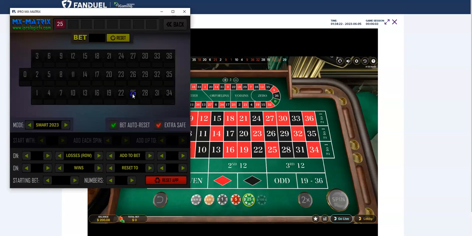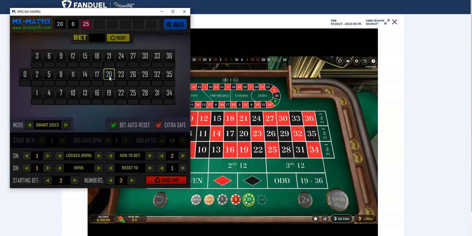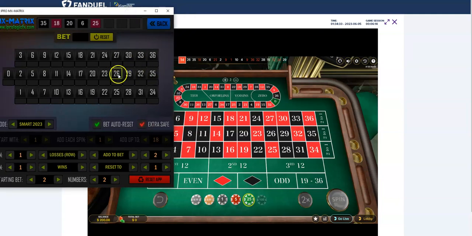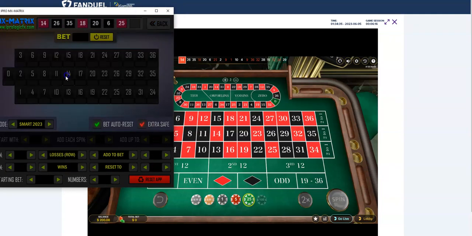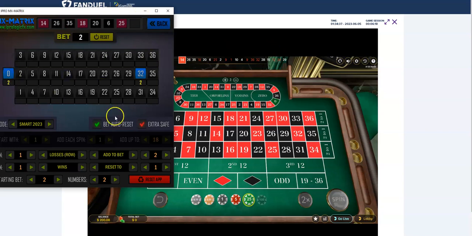Now, before I begin to play, I'm going to give you a quick heads up on what my goals are. As I've discussed in the other videos, we're going to be using splits. In this case, we're going to be using a split street.